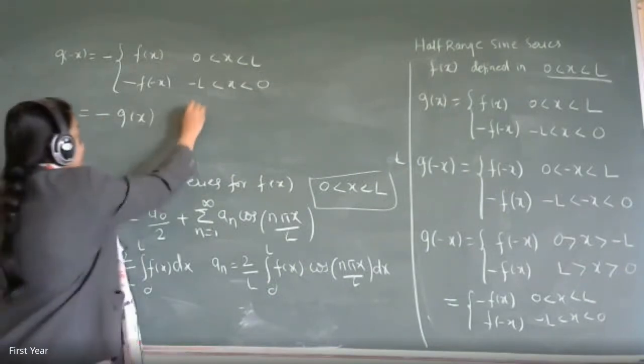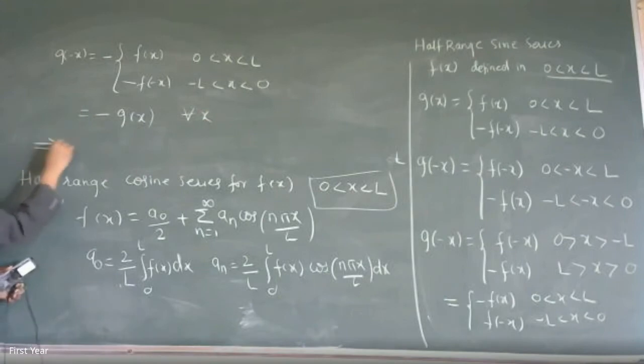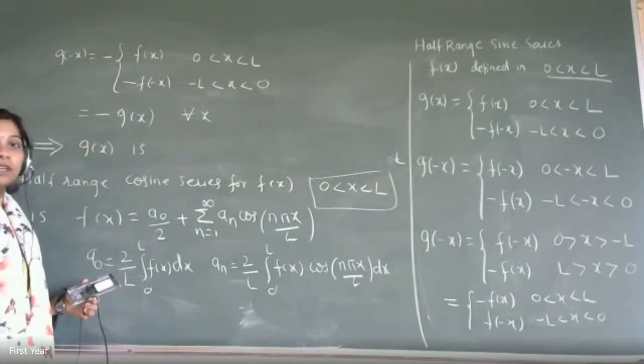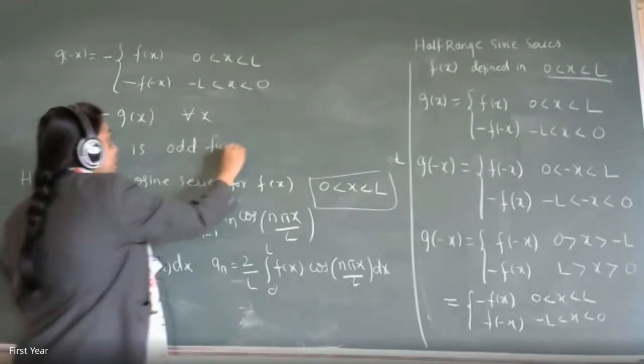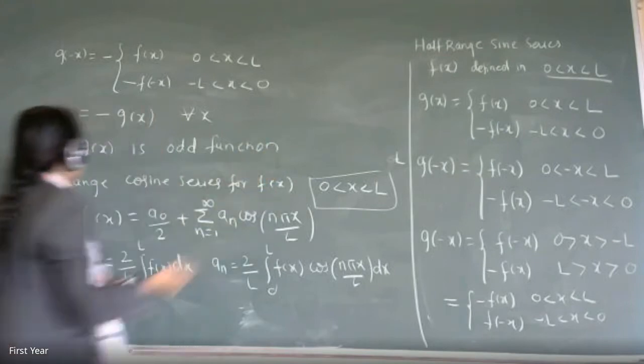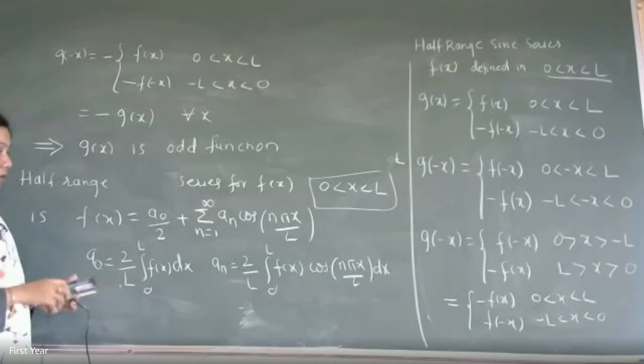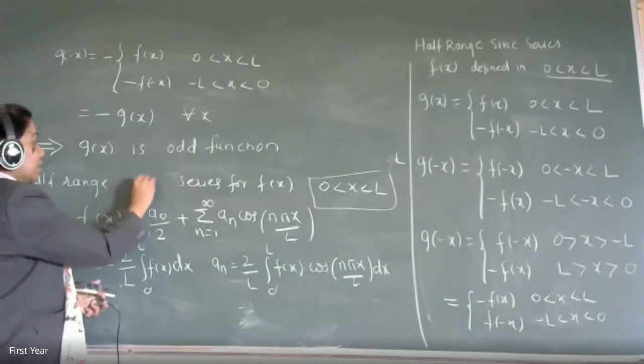Which was this. That means what? This is like g of x is what? Odd. G of x is odd function. Once it is odd function, the half-range sine series.